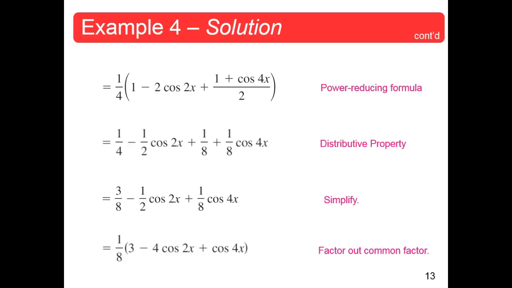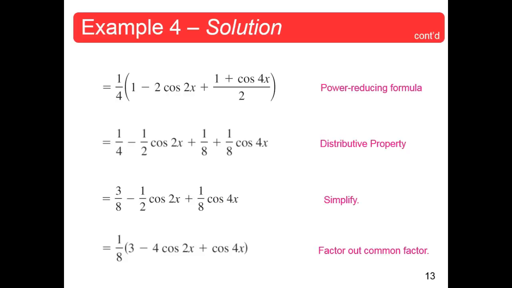They show using a graphing calculator, graphing first y1 is sine fourth x, and then y2, what you just calculated to be 1/8 times 3 minus 4 cosine 2x plus cosine 4x, and then graph each of them, and you'll see the first one graphed and then the second graphed right on top of it. You watch it happen. And then there's a checkpoint.